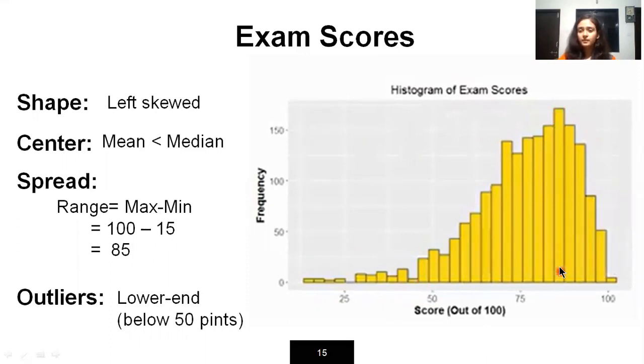Here you can see that more than 150 students scored 85 marks. So this is how your histogram tells you what your data looks like.